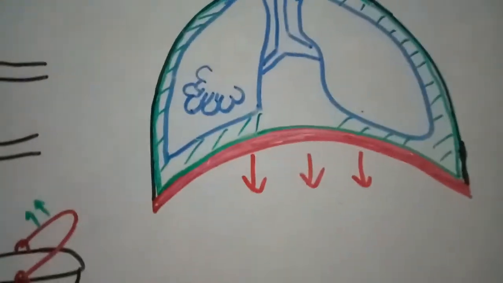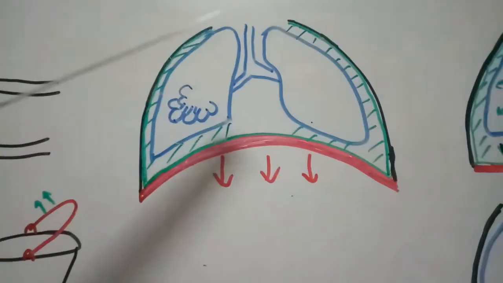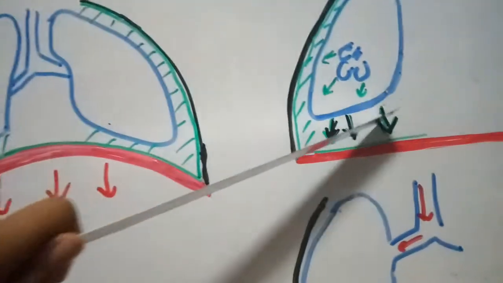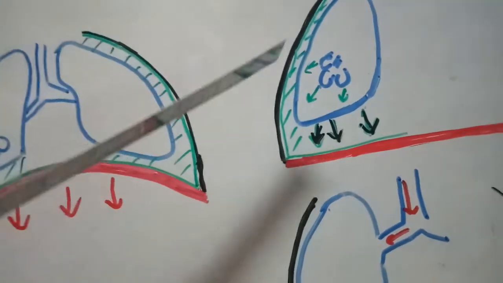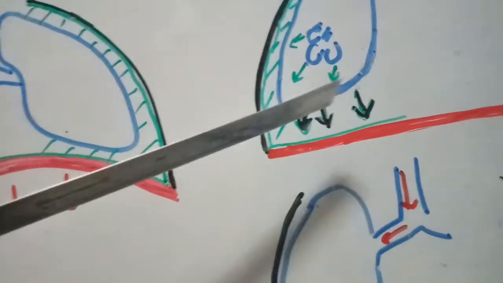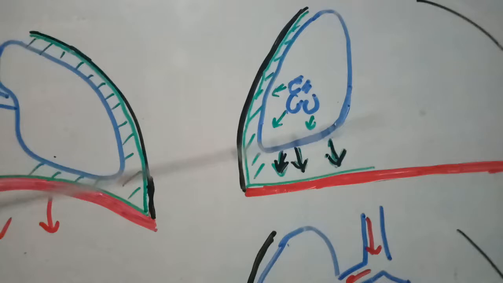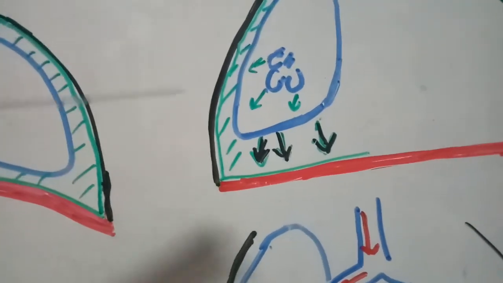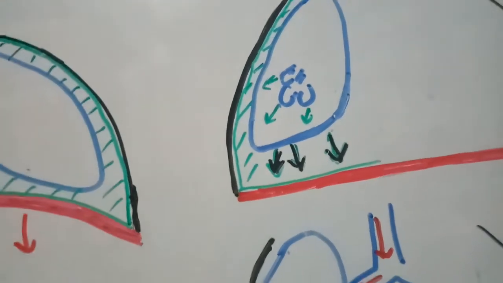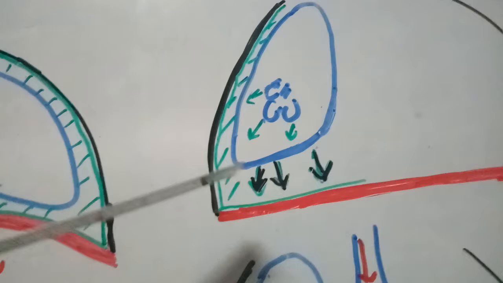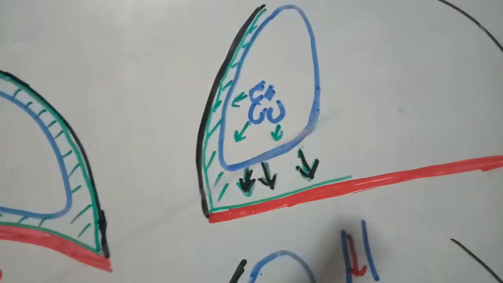Let me explain it again. As the chest cavity volume has increased, the intrapleural pressure, the pressure in between the two pleura, has decreased, because the volume has increased. So there will be a suction force created on the lungs, and the lungs will get space to expand.